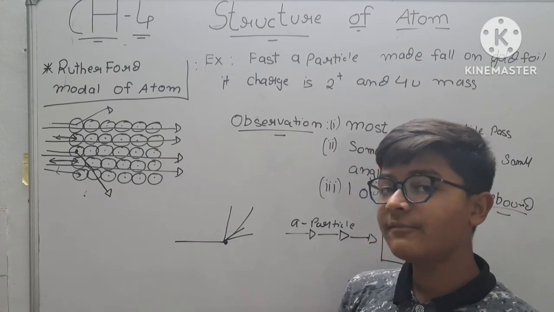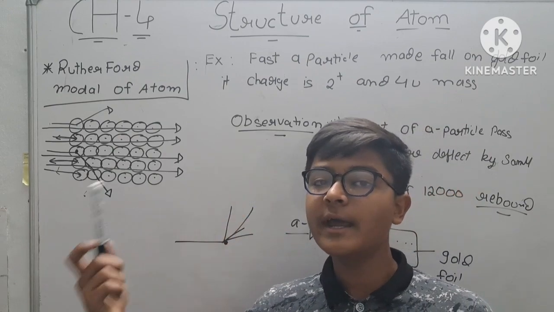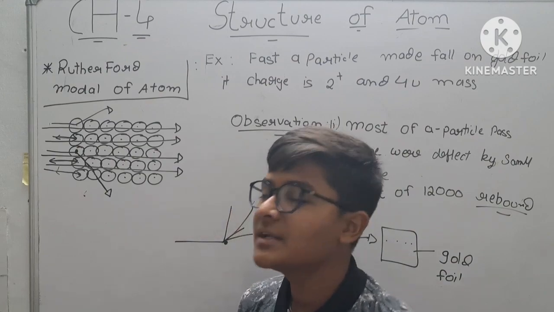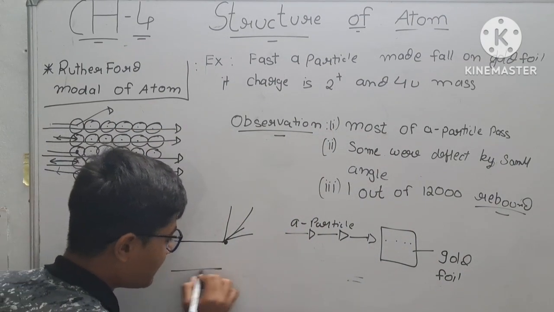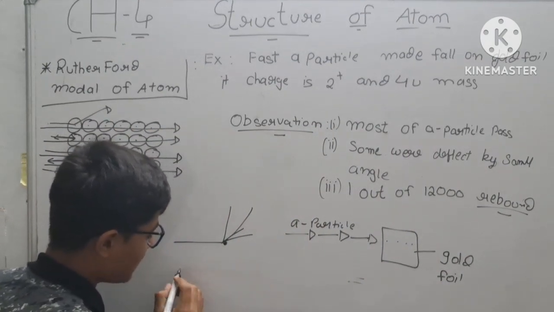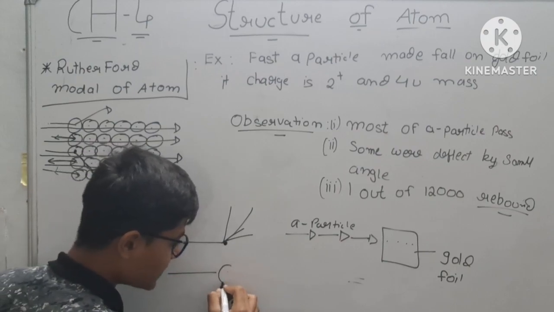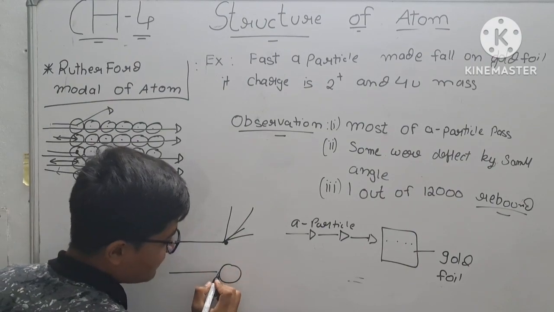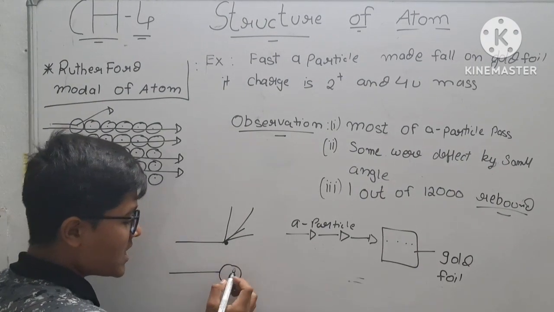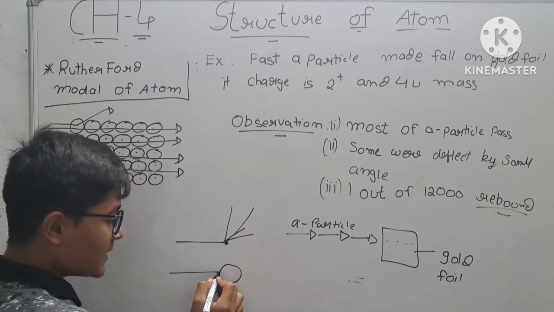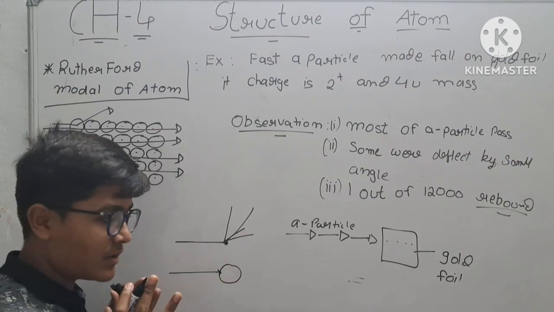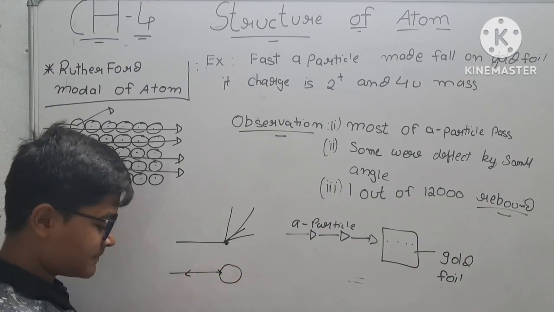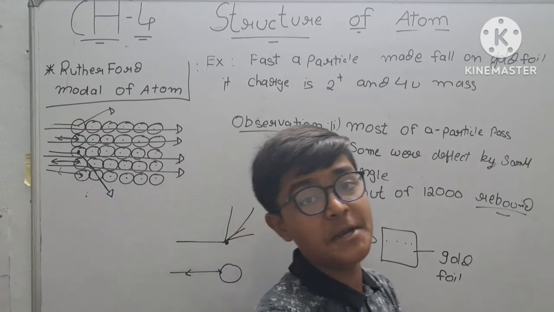But when an alpha particle came to the atom of the gold foil, it completely rebounded. What does completely rebound mean? It is coming in a path, here is the atom of the gold foil, it just touches and comes back, completely rebounding, 180 degrees.